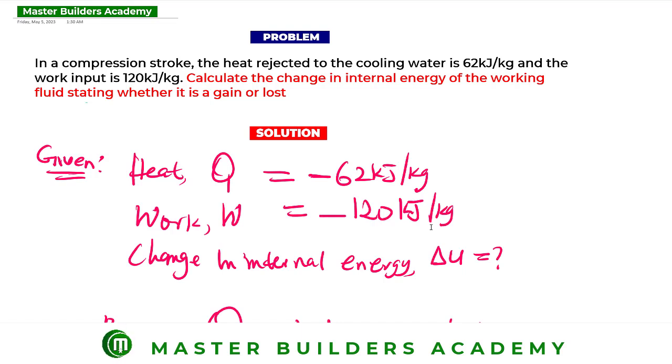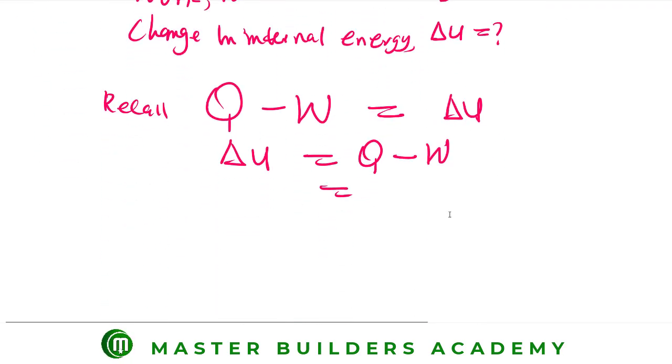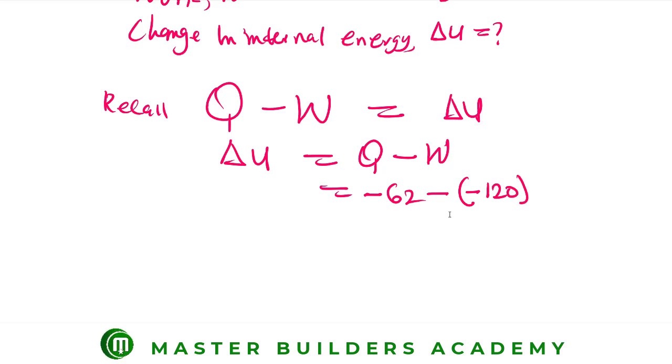That means this work is also negative. I hope you understand this. So we can come to this level now and have Q is negative 62 minus our work done, which is negative 120.